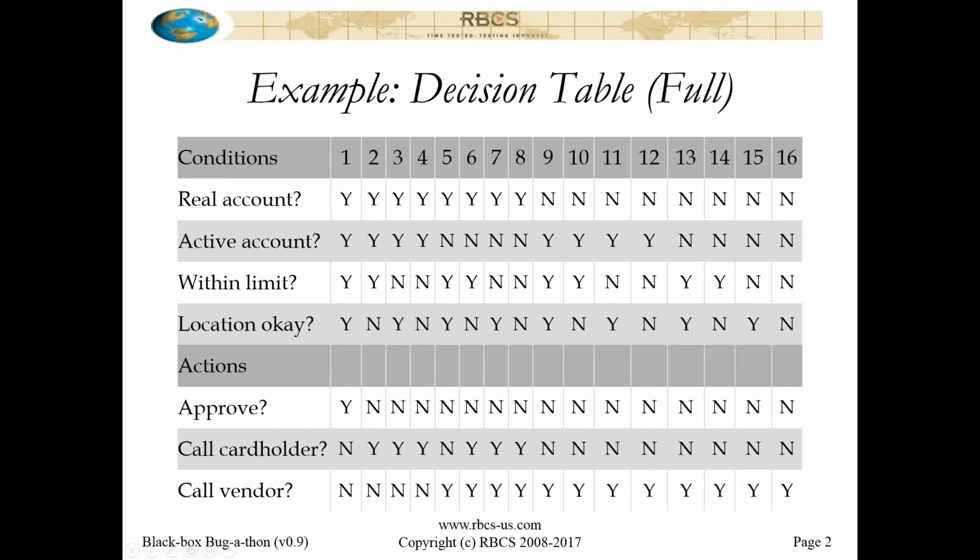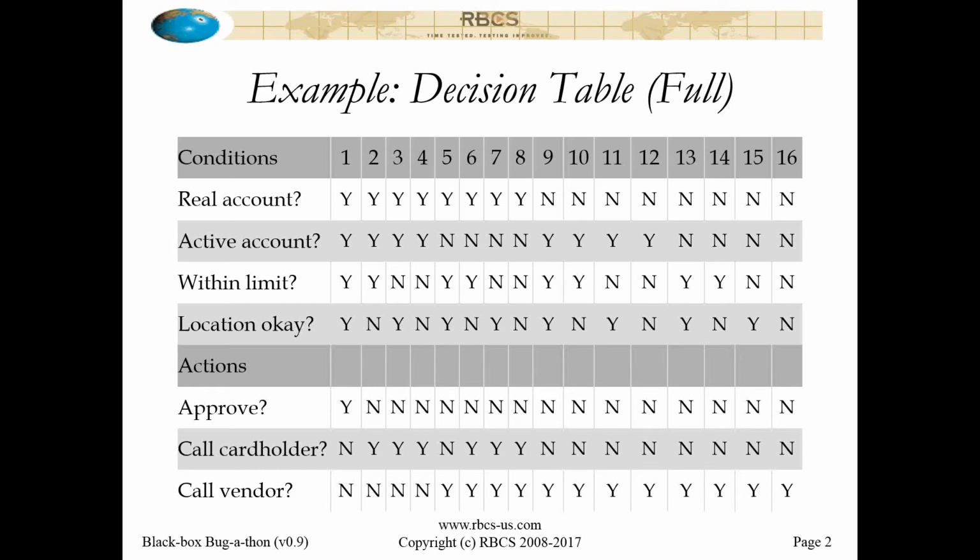This is something that might be part of a back-end web services credit card processing system where it gets information from an e-commerce application of some kind, or other site that allows people to make purchases, and from there it evaluates the data that it's received and decides whether to approve the transaction, whether to inform the call center to call the cardholder, or whether to inform the call center to call the vendor.